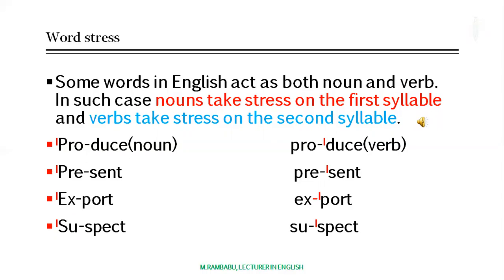This is the variation we find with the stress of both nouns and verbs. When the word acts as both noun and verb, nouns take the stress on the first syllable and verbs take the stress on the second syllable, in case of disyllabic words.